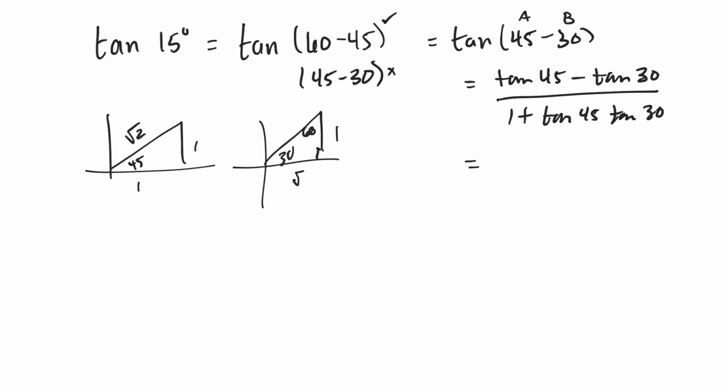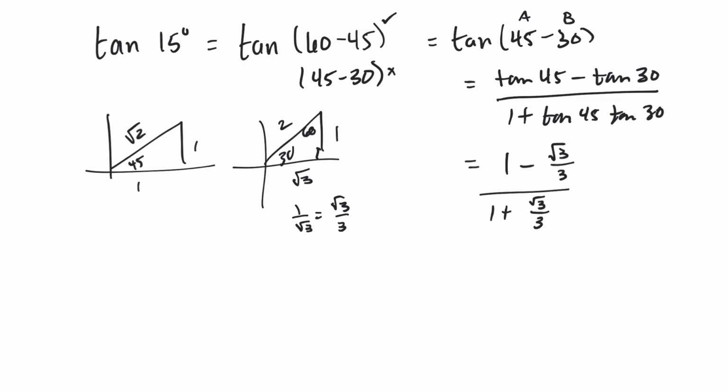We're going to get 1, square root of 3, and 2. So tangent of 45 is nice. That's a 1 minus the tangent of 30, which is going to be 1 over root 3. We're going to rationalize that. That's going to be square root of 3 over 3. At least we can work with non-radical denominators from the beginning. So we're going to put radical 3 over 3, all divided by 1 plus the same thing, but I'm going to be multiplying them. Since it's multiplying by 1, we're just going to put radical 3 over 3.